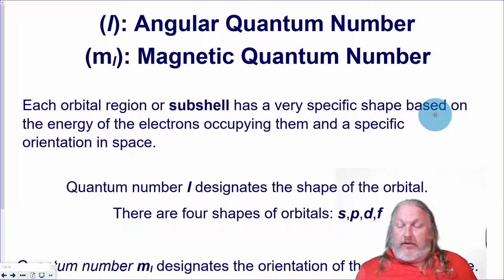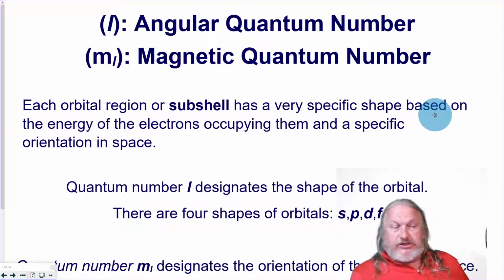So the L number designates the shape of the orbital. There are 4 shapes of orbitals: an S shape, a P shape, D shapes, and F shapes.